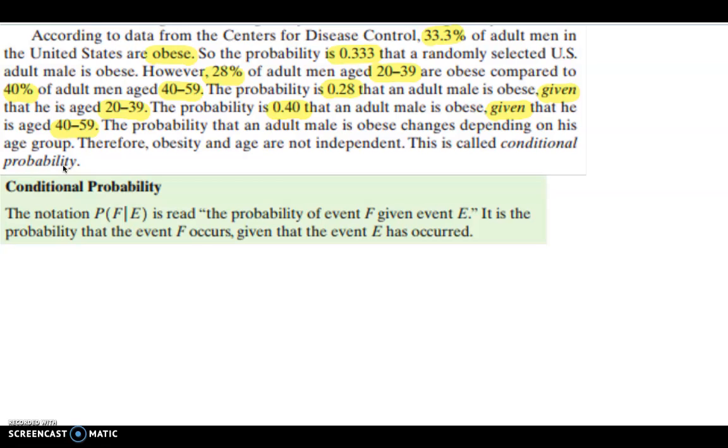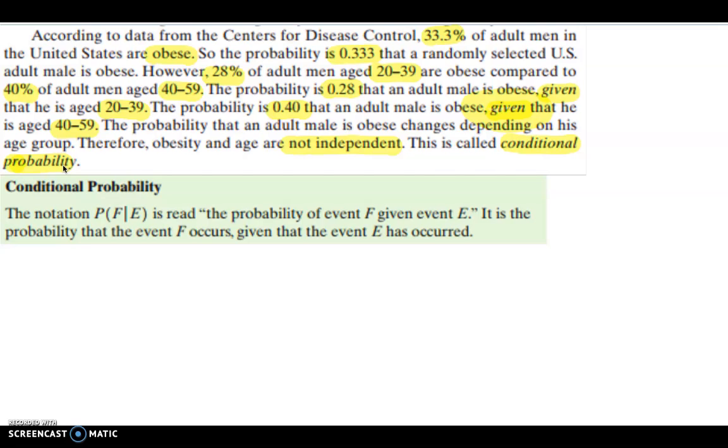So the probability that an adult male is obese changes depending on the age group. So obesity and age are not independent, because when you change the age group, it changes our probability. So one definitely affects the other. These are dependent events, and we call this a conditional probability. One word to hone in on is "given."